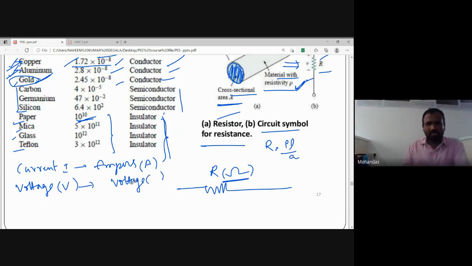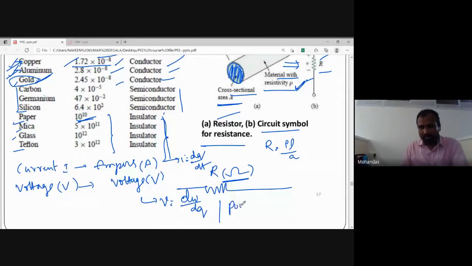Work done to move a charge. The mathematical expression is I equals dq by dt, and for voltage, V is work done per charge. Next, we discussed power, P, the time rate of energy, that is dW by dt.